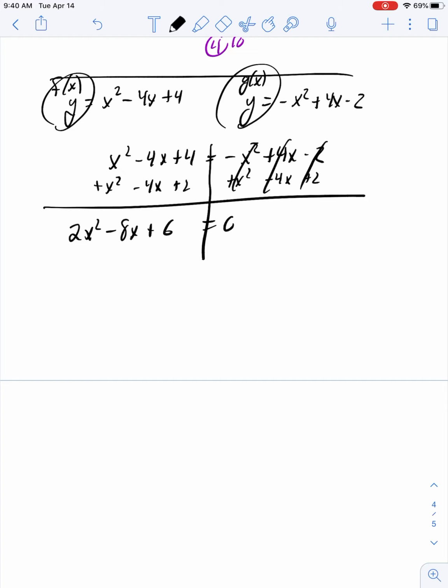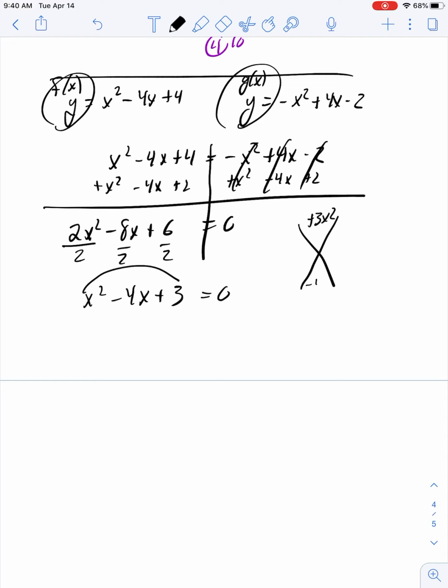Now I could also do the box and x method. I could do that approach. So let's divide by 2. So you have x squared minus 4x plus 3 equals 0. And if we do that x thing here, I think that would work for the shortcut. Plus 3x squared, minus 4x.